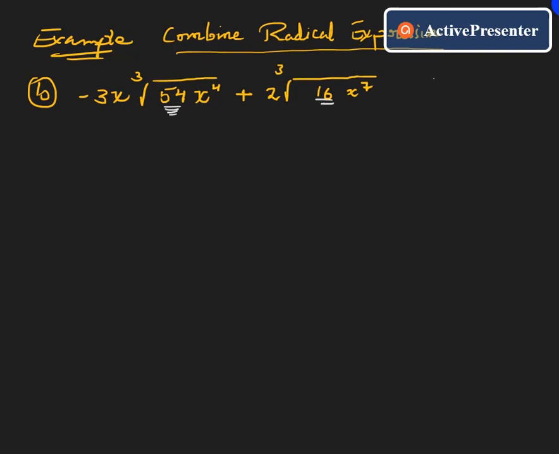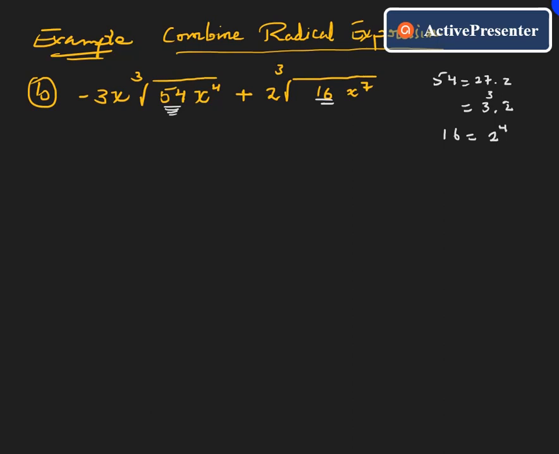We know that 54 is equal to 27 multiplied in 2, which is equal to 3 to the power 3 multiplied in 2. We know also that 16 is equal to 2 to the power 4. So keep these things in mind.